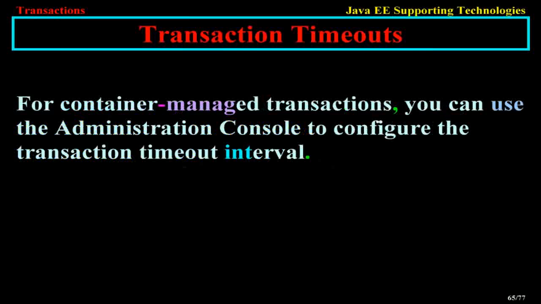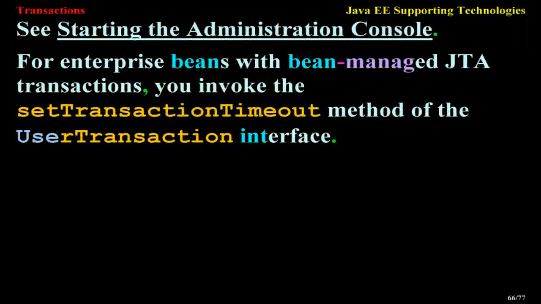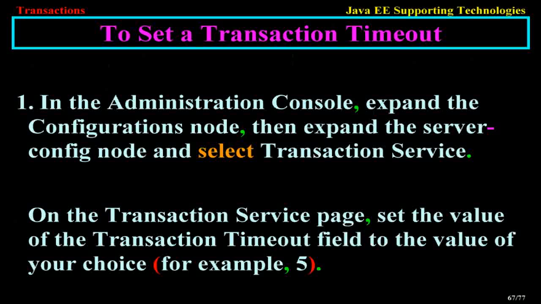Transaction timeouts. For container-managed transactions, you can use the Administration Console to configure the transaction timeout interval. See Starting the Administration Console. For enterprise beans with bean-managed JTA transactions, you invoke the setTransactionTimeout method of the UserTransaction interface. To set a transaction timeout, in the Administration Console, expand the Configurations node, then expand the server-config node and select Transaction Service.